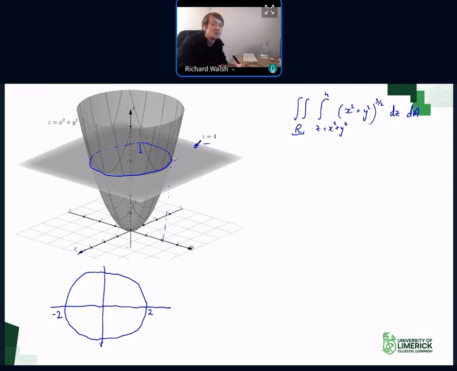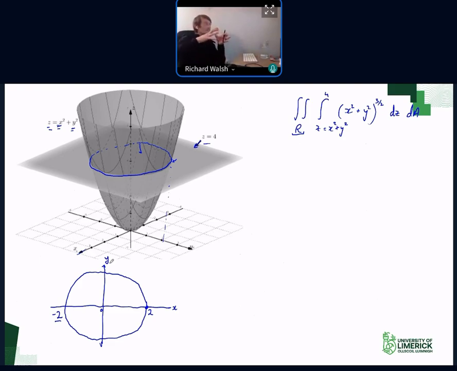So this definitely intersects when z is 4, and if z is x squared plus y squared, the y value is definitely 0 on the x-axis. So (2, 0) would be a point, because 2 squared plus 0 squared is 4, and -2 squared plus 0 squared is 4. And this is our y-axis.